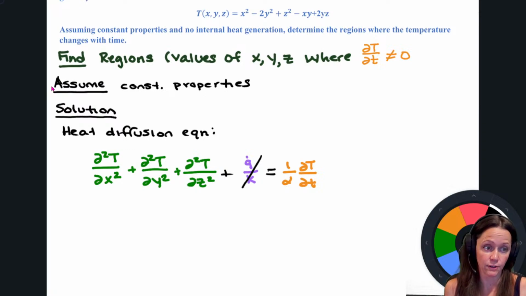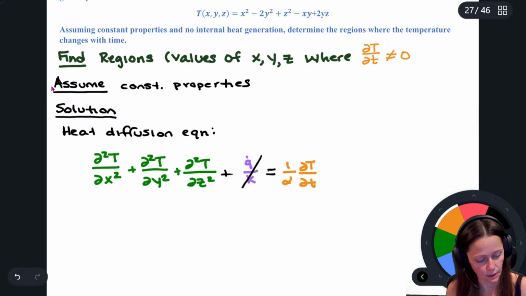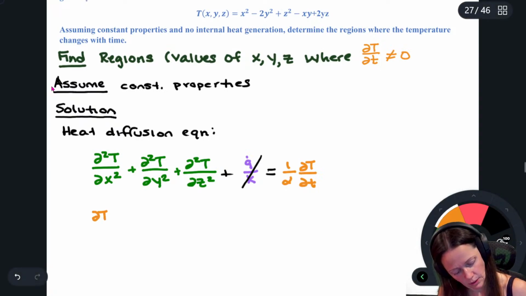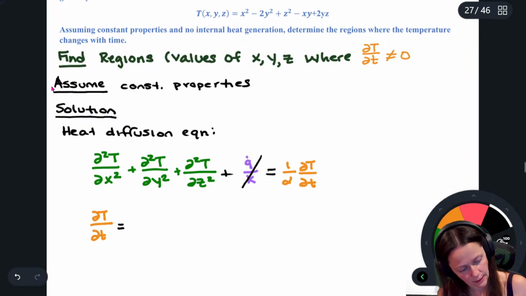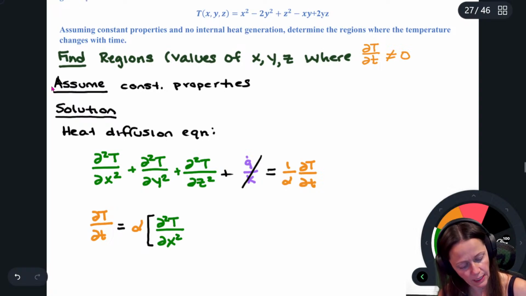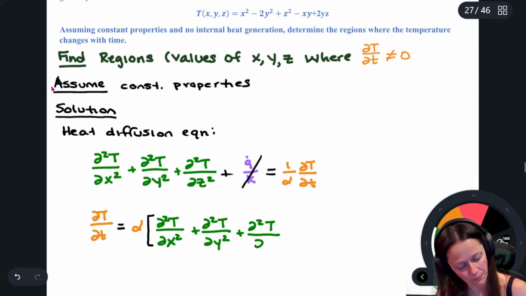Now I'm left to evaluate the rest. I'm going to rearrange this and put dT/dt equal to the thermal diffusivity times the second partial derivative with respect to x, plus the second partial derivative with respect to y, plus the same with respect to z.